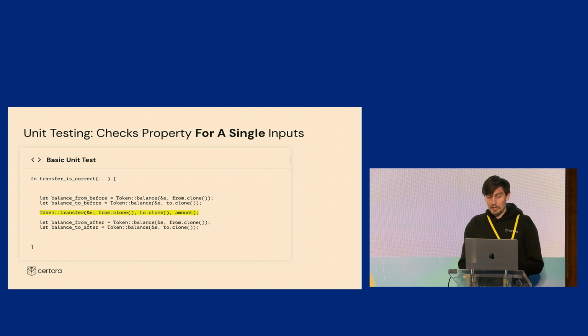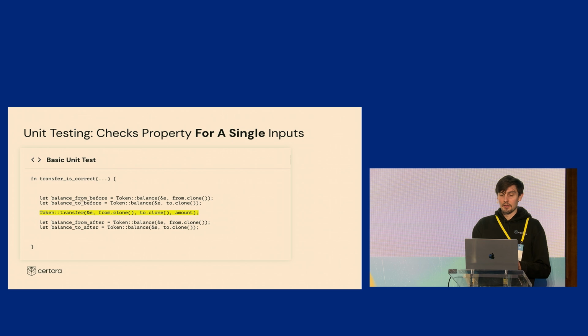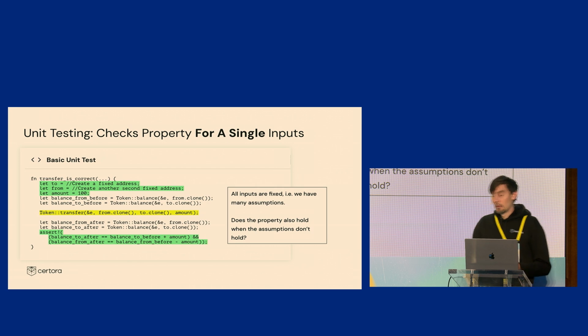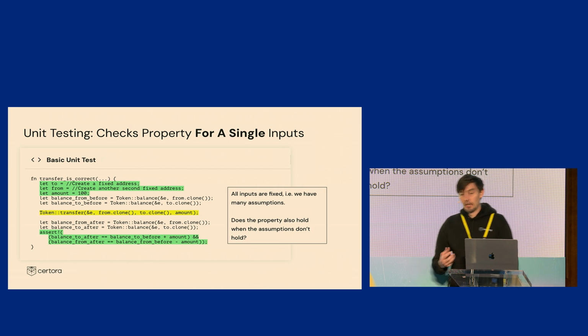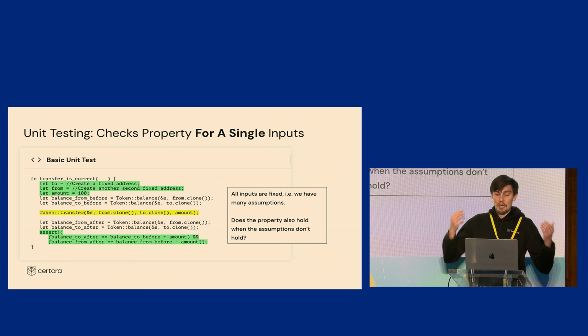What will you do to write this test? You think about the balances before and after you call this method: the balance of the from address and the balance of the to address, before and after execution. At a unit test level, you set up your environment with fixed inputs.